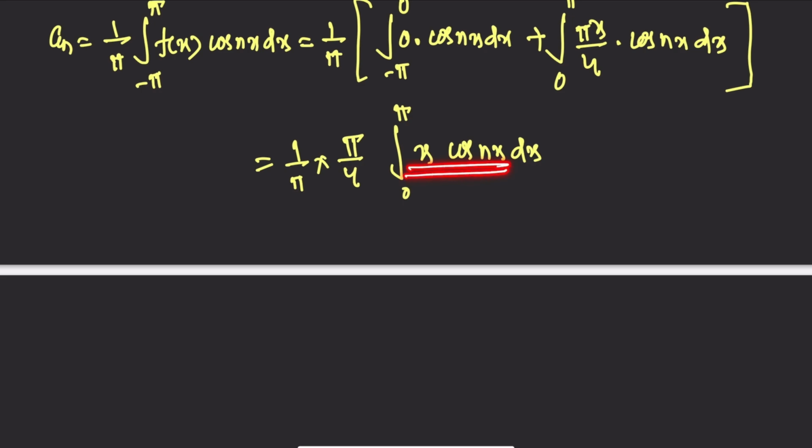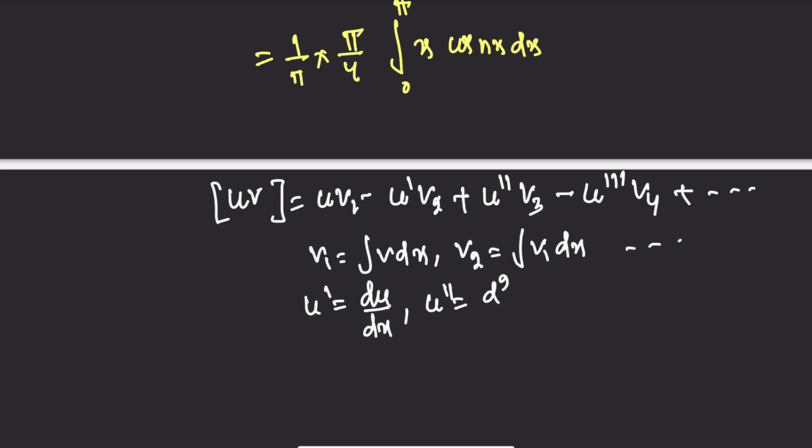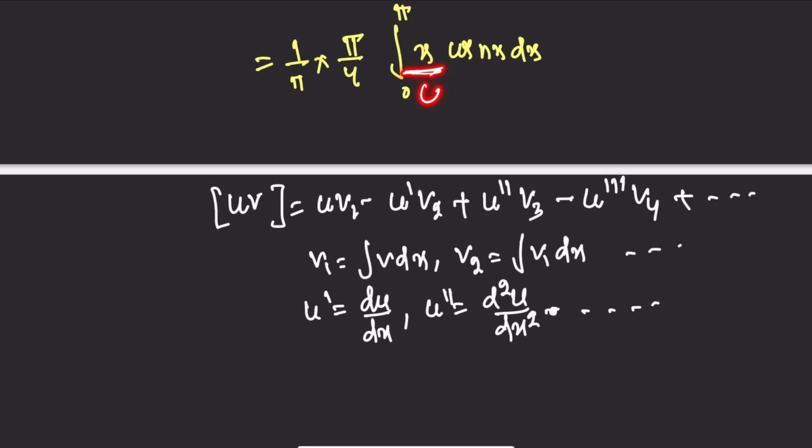For this kind of integration we use the UV formula for integration, that is... for this take x as u and cos nx as v.